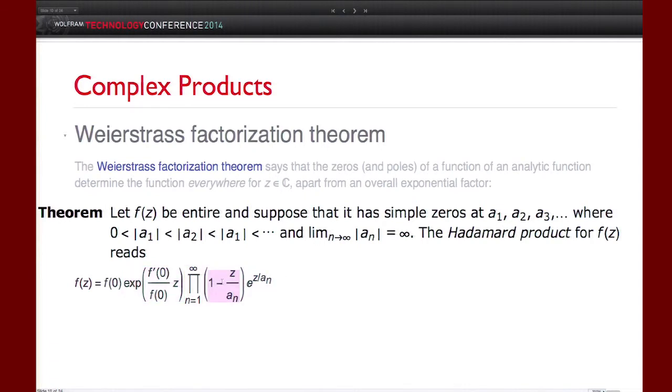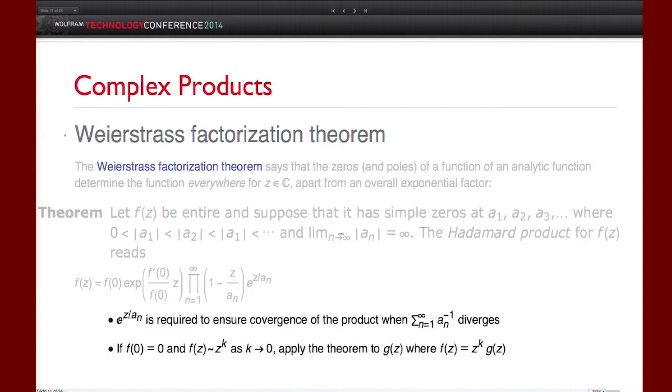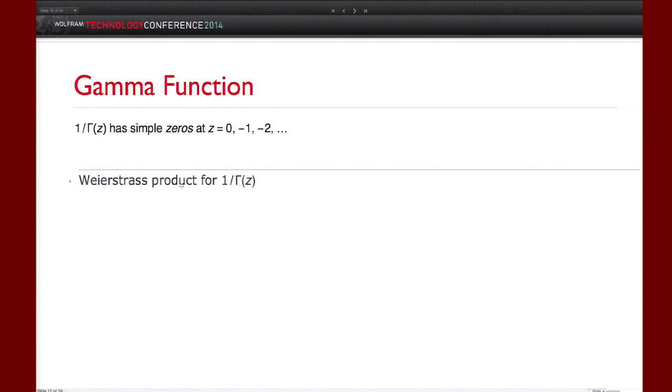And I think it's clear that whenever z is equal to an, that term in the product vanishes. So this function vanishes at the roots of whatever function you're trying to do. It's the generalization of writing a polynomial in terms of its roots. Of course, there are convergence conditions, how to handle other cases, and there are generalizations of this, some very nice ones, but I don't have time to cover those.